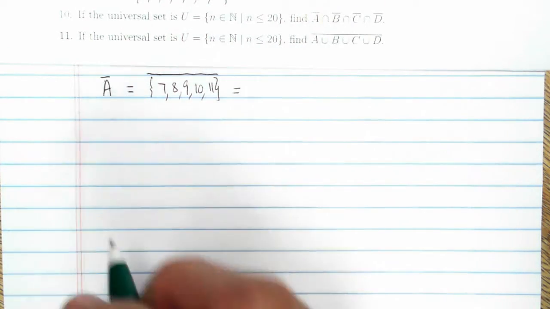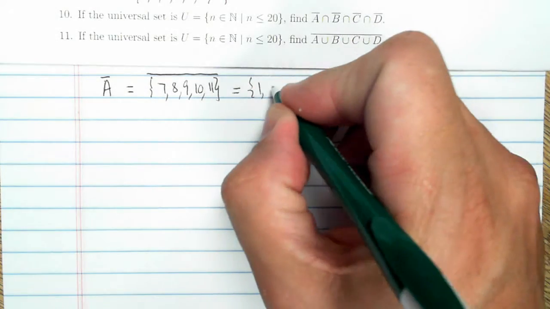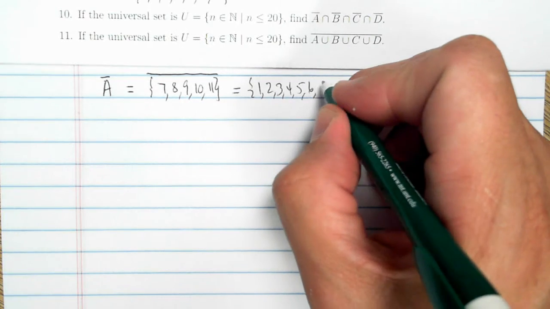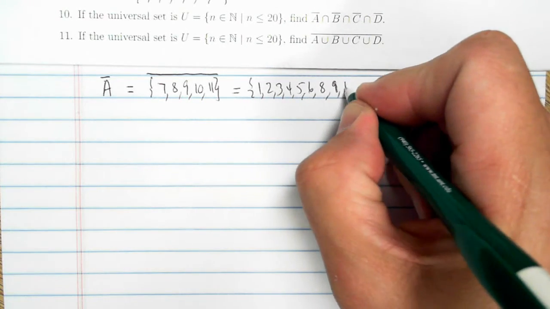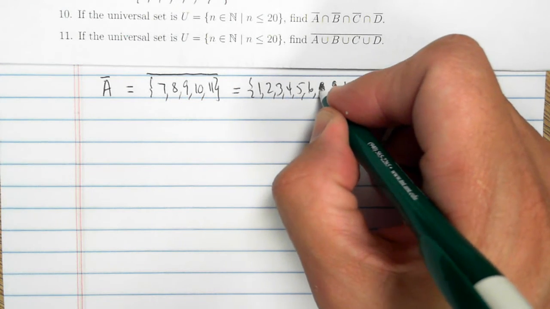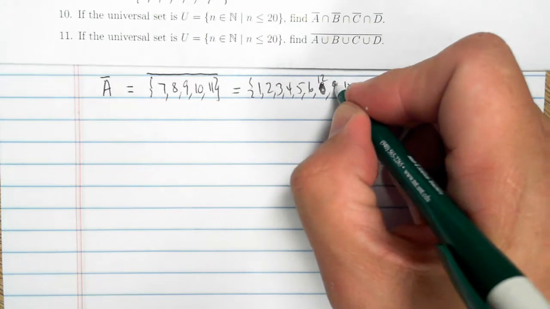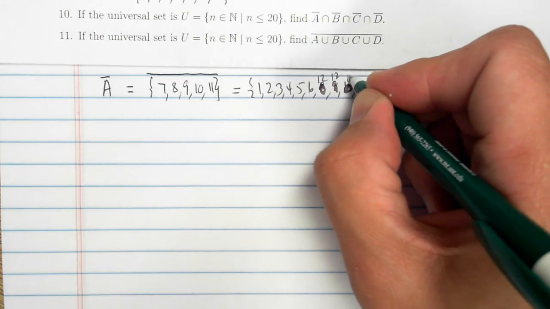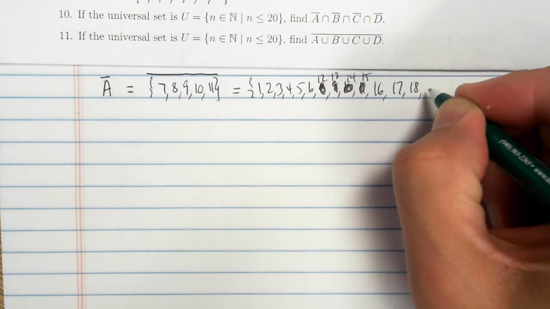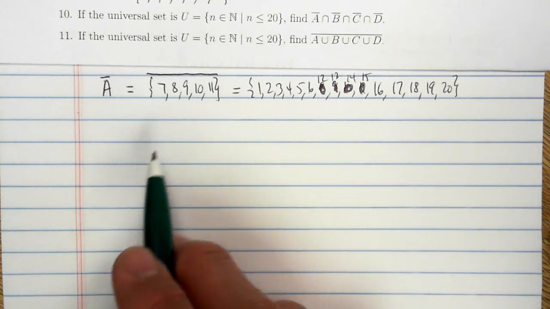The universal set is all the integers from 1 to 20, so I would write this out as 1, 2, 3, 4, 5, 6, and then 12, 13, 14, 15, 16, 17, 18, 19, and 20. All the numbers from 1 to 20 except for 7, 8, 9, 10, and 11.